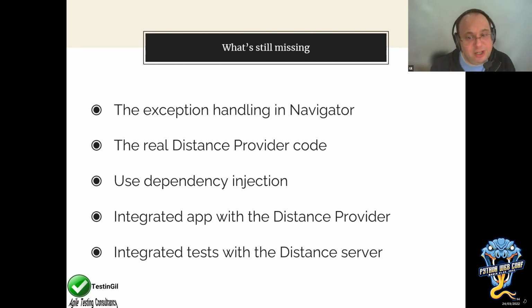So obviously the integration with the real distance provider, the real service, and like I said before, in the beginning, remember, we wanted to extend the tests that we have to give us more confidence. I might want to write more integrated tests with the service.